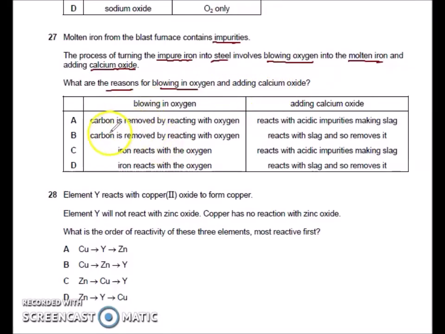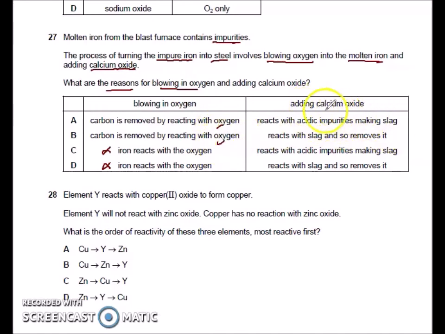So here, carbon is removed by reacting with oxygen. That is true. Okay, so they don't react with this. If iron reacts with oxygen, it will become iron oxide, which is rust. So C and D are wrong. So your best answer here, these two are correct.